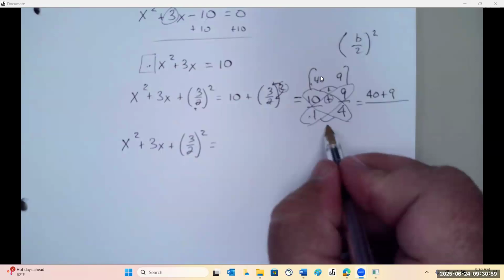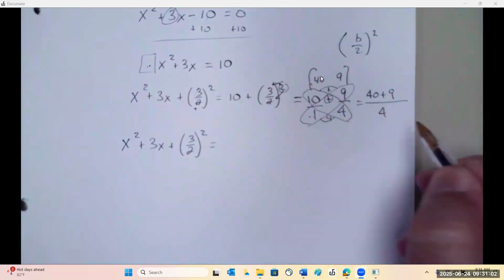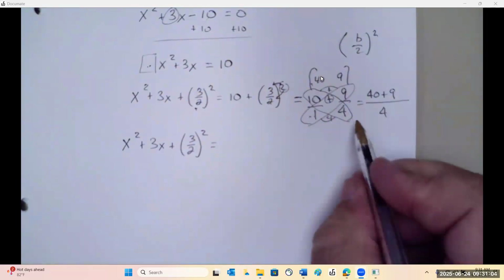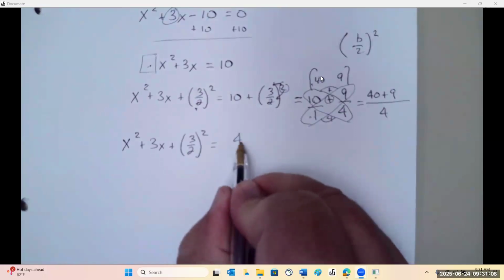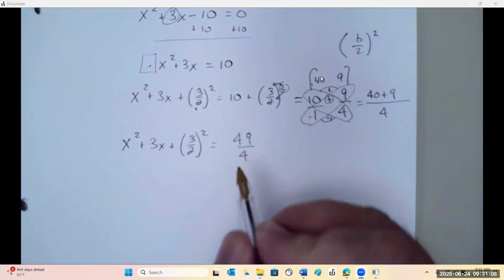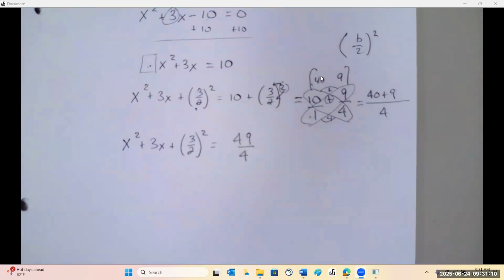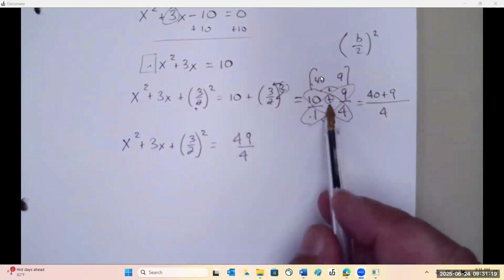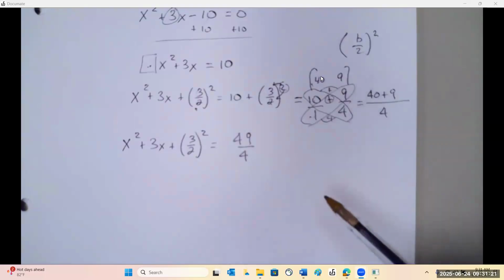On the bottom, you multiply. 4 times 1 is 4, so you get 4. So this becomes 49 over 4. So whenever you add or subtract fractions, you can use the butterfly method.